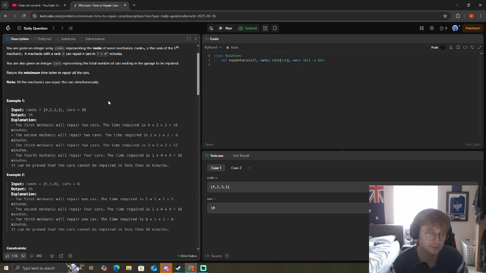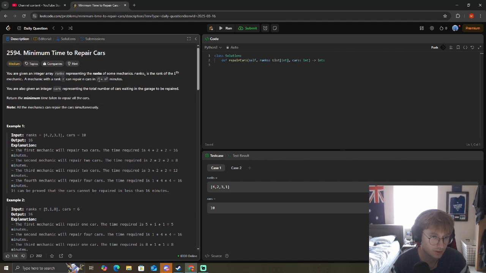I'm trying to think here. 2, 4, 6, 10. So they get the amount of cars that they split among each of these people.